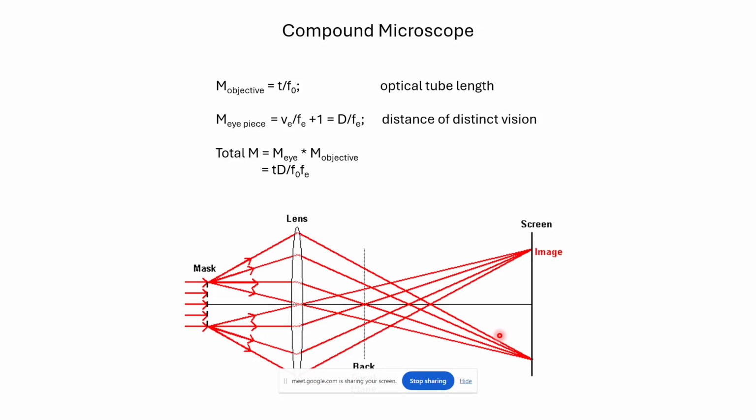Then we'll discuss some basics about these compound microscopes, where when the incident light falls on the object, it reflects the light in all directions, and these lenses then transmit the light. Firstly, we have this back focal plane, and then the image is formed at the screen.